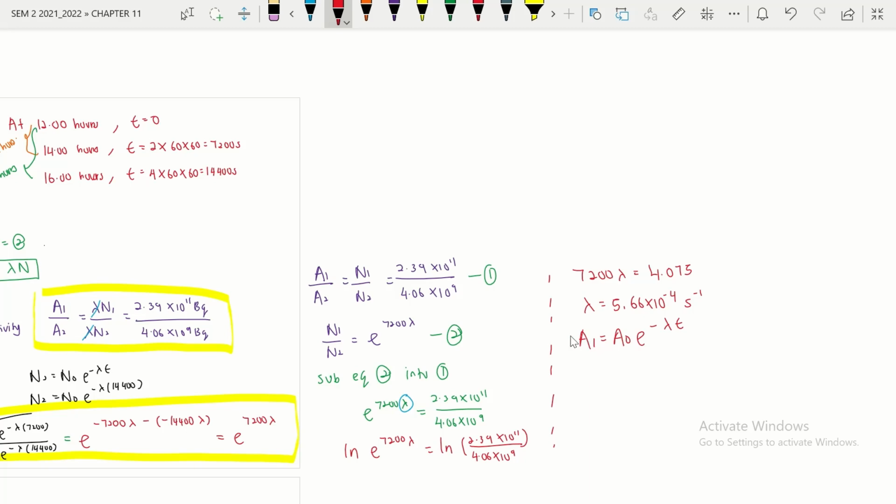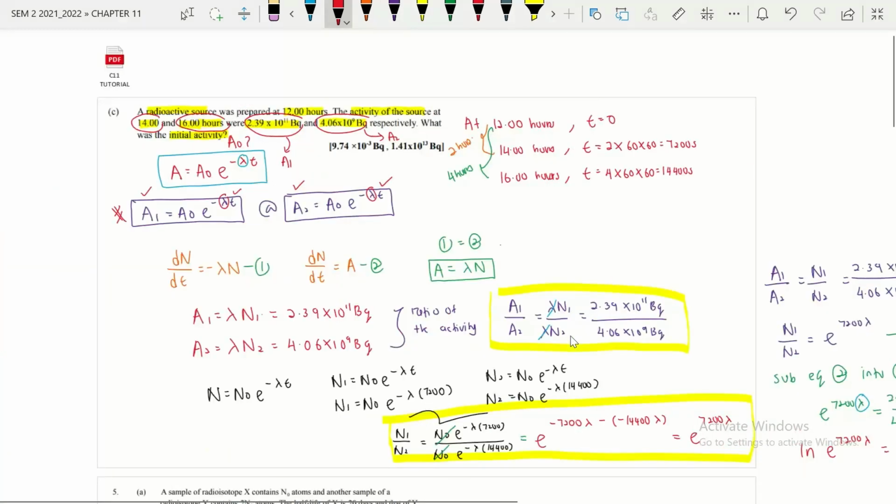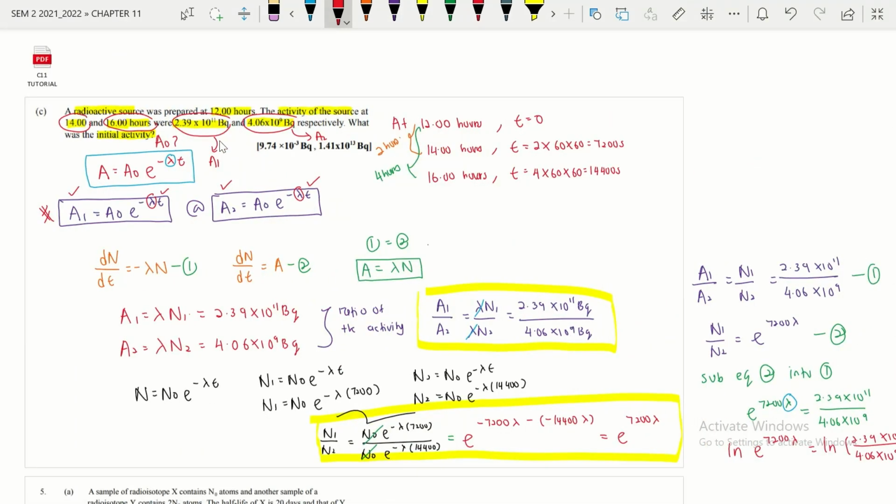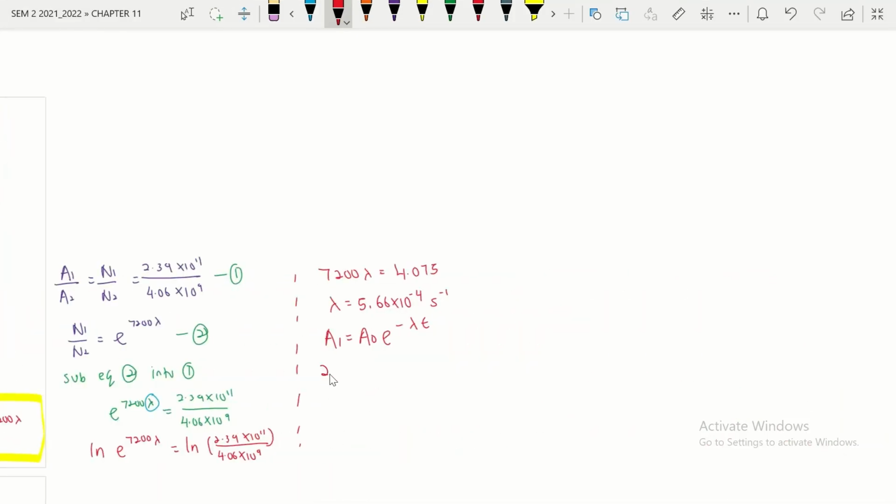And we know the activity at 14 hours is 2.39 times 10 to the power of 11. We want to find the initial activity, and the decay constant we found is 5.66 times 10 to the power of negative 4.